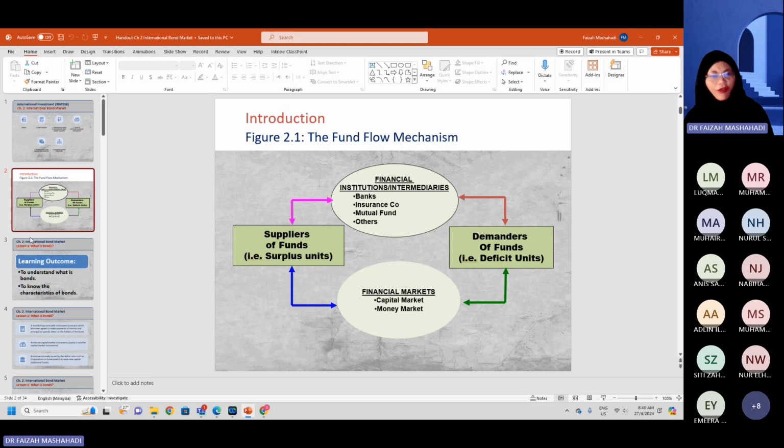Can the demander of funds just appoint a certain company to purchase their bonds? Can the supplier of funds just target a specific deficit unit whose financial instrument they wish to purchase, without the involvement of financial institutions and financial markets? What do you think?